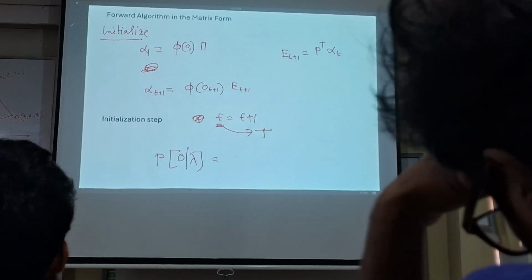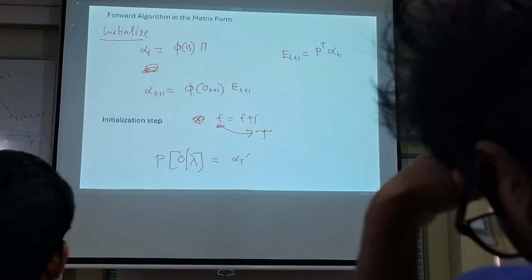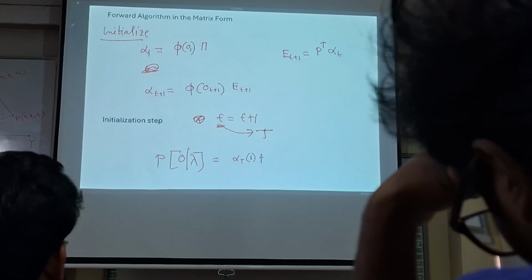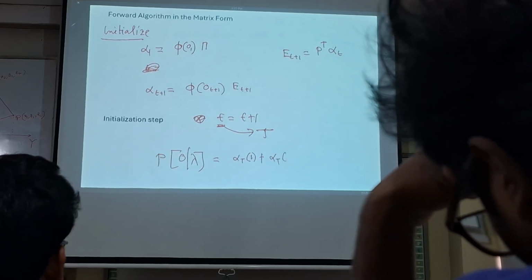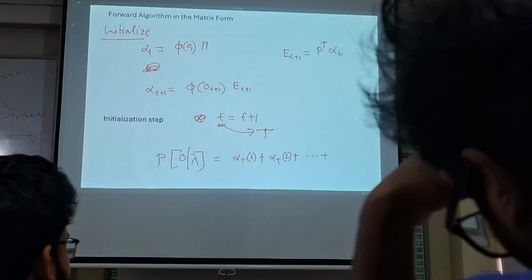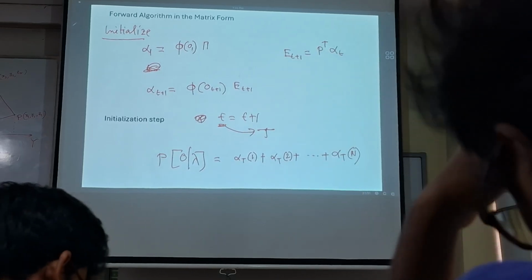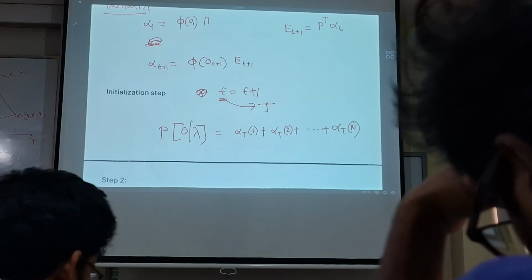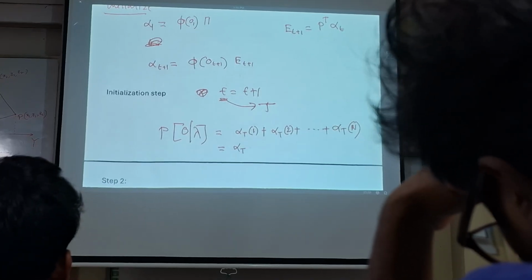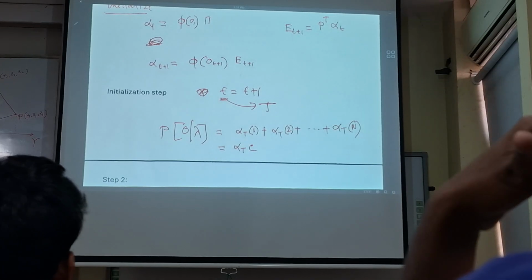In general, you can write alpha T 1 plus alpha T 2 for all the states, summed. What can you write this as? Alpha T C. What is C here?